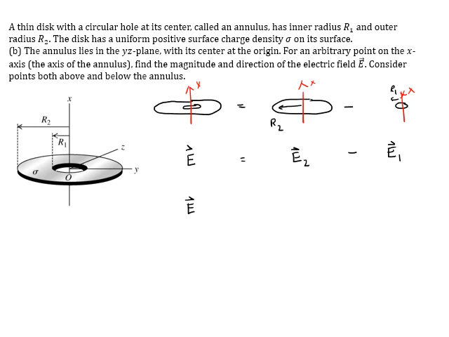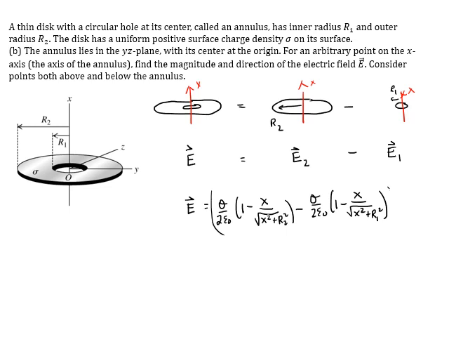So our electric field then is the electric field of the bigger disk, which is sigma over 2 epsilon naught times 1 minus x over square root of x squared plus R2 squared. Then we're subtracting the electric field of the little disk, sigma over 2 epsilon naught, 1 minus x over square root of x squared plus R1 squared. It is a vector, it's all in the x direction, so that's the i direction.